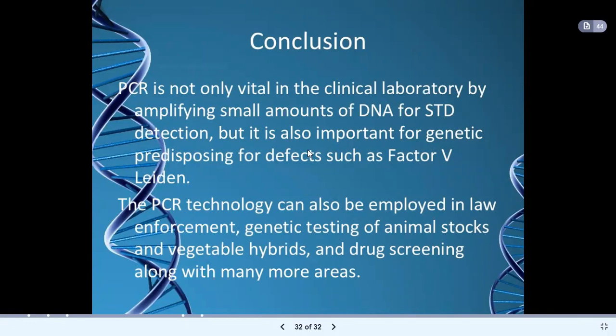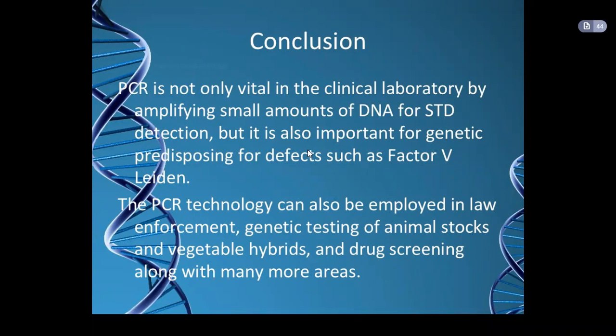So, concluding with the topic of PCR, PCR is not only a vital technique, but after applying PCR we now get the desired amount of DNA from a larger amount of DNA.